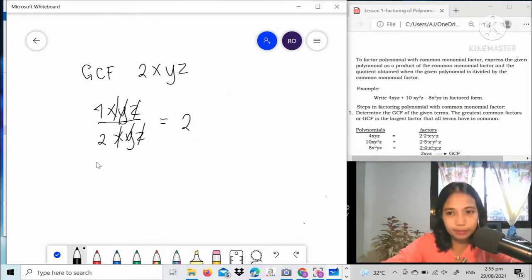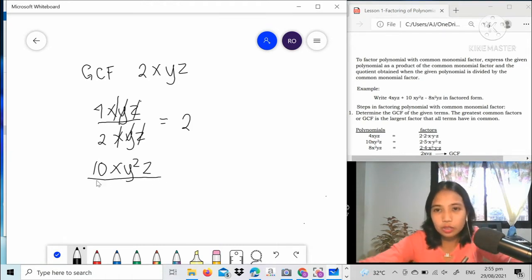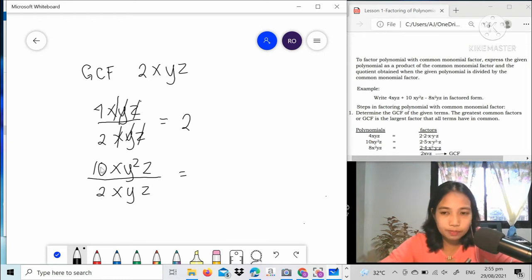Okay, in the second term, 10xy squared z. So, we divide it by 2xyz. So, divide 10 and 2. 10 divided by 2 is 5. So, we divide x divided by x.